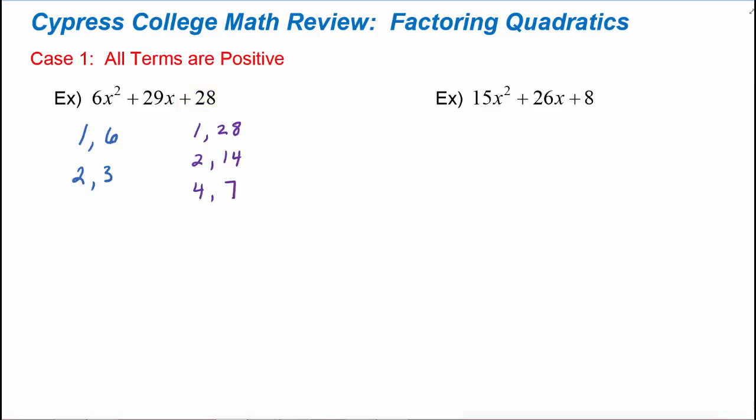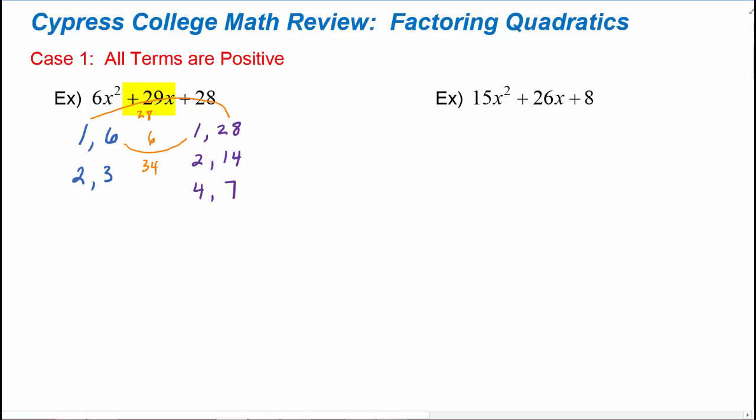Now what we're going to do is look for combinations of products that will add up to be the middle term, which is 29. So for example, if we first try 1 times 28, which is 28, and 6 times 1, which is 6, but 28 plus 6 is equal to 34.